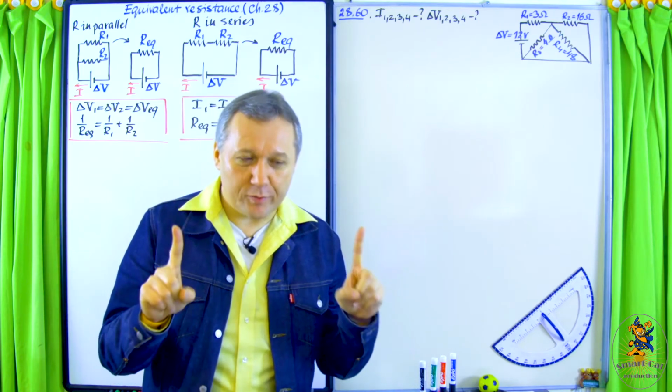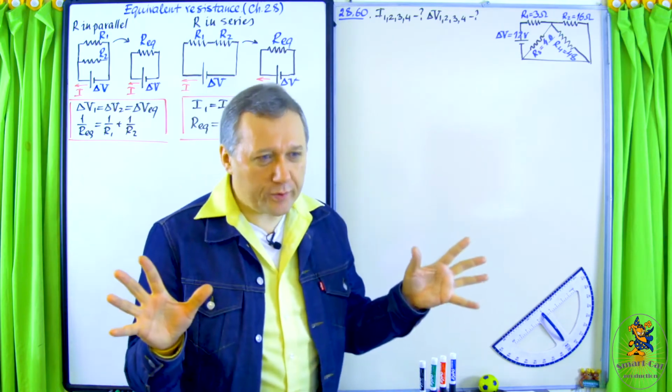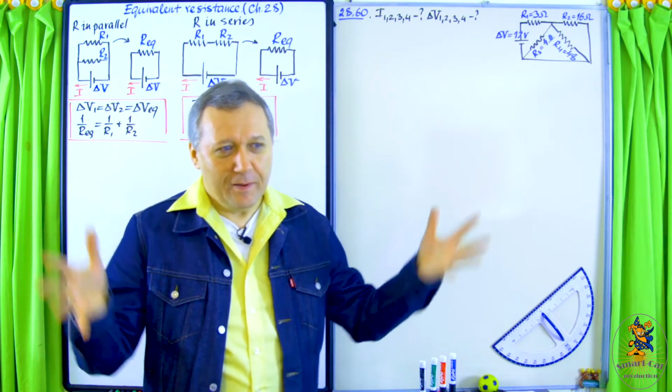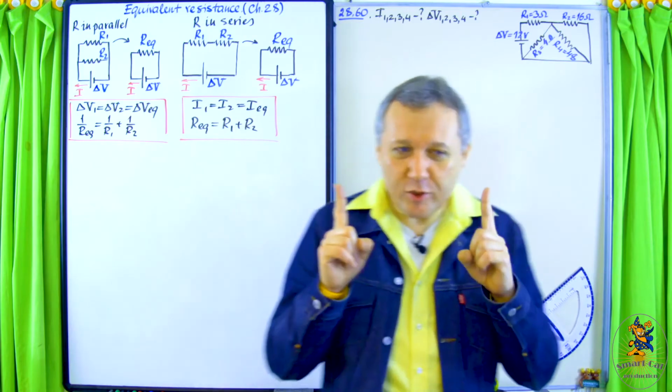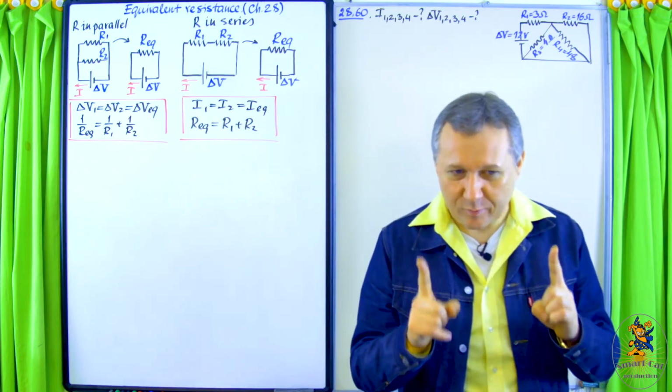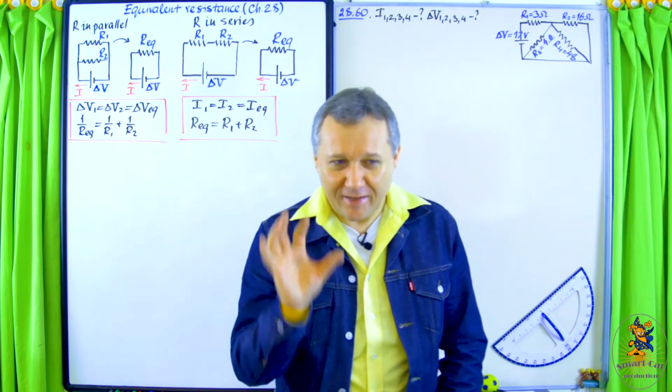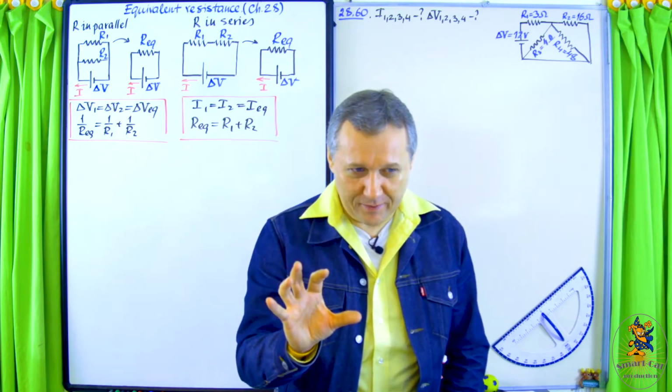But the way we draw it may be just aesthetically pleasant. We need to look at resistors from the point of view of physics. What does it mean when resistors are connected in parallel?